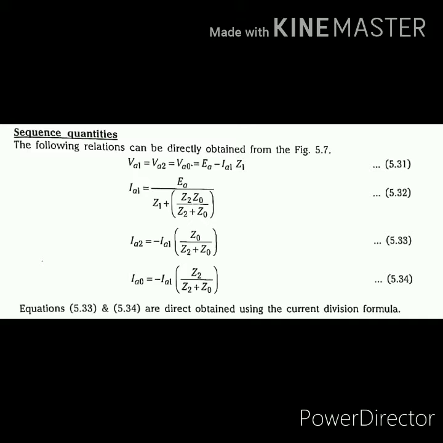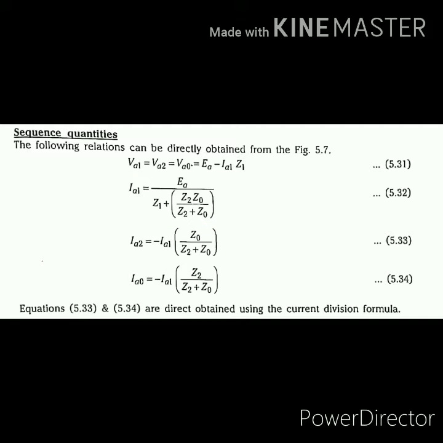Coming to sequence quantities, we know from the star equation that VA1 is equal to EA minus IA1 Z1. But since all the sequence voltages are equal, we can take VA1 is equal to VA2 is equal to VA0 is equal to EA minus IA1 into Z1. Now what about IA1? IA1 is equal to EA by Z1 plus Z2 parallel with Z0.